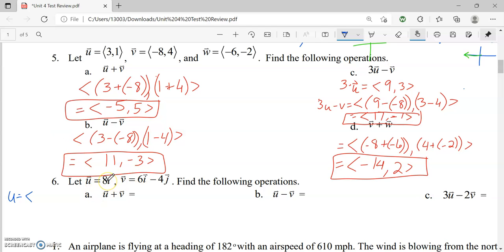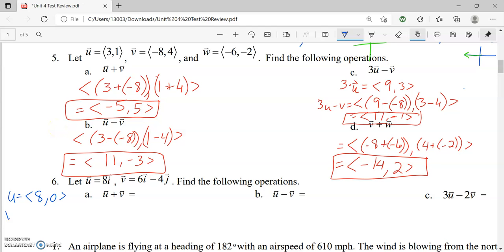So x times i, comma, y times j is what we're really doing here. So u is 8i, so really that simply means 8, comma 0. The reason is the i is tied to the x term, and there's an implied plus 0j. So that's where we put the 0 in here.